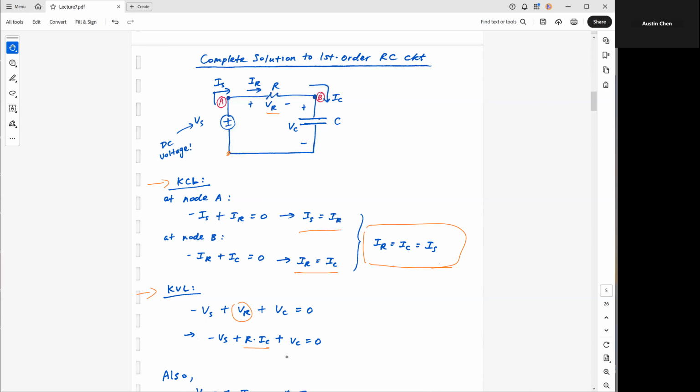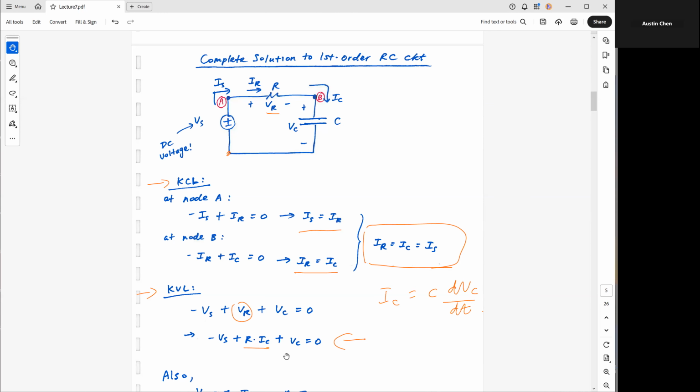Now if we take a look at this equation here, keep in mind our goal is to come up with a first order differential equation that we can use to describe this simple RC circuit driven by this DC voltage source. So it does make sense for us to involve some IC here, because we know from last time, IC is equal to C dVc over dt.